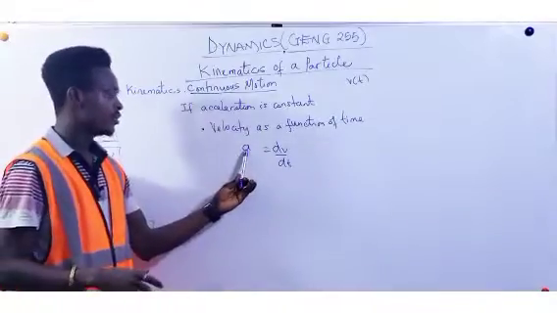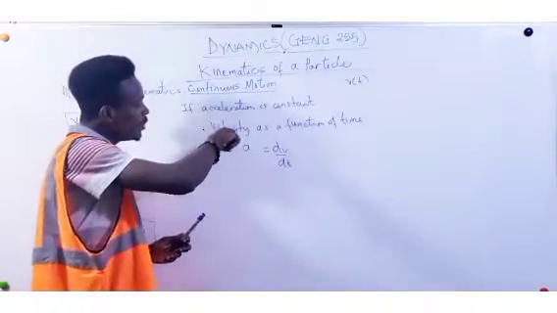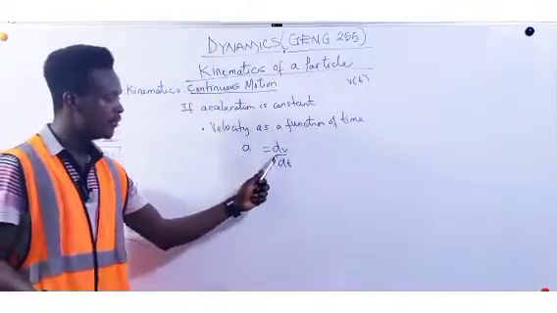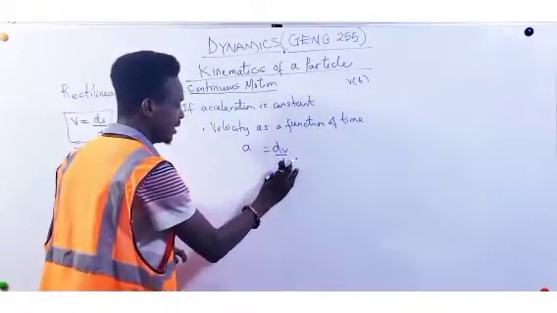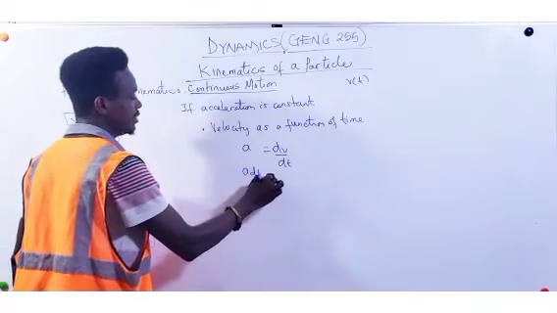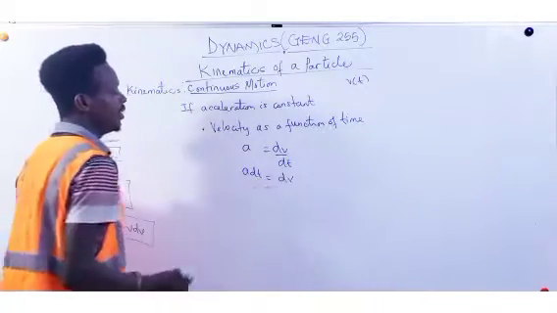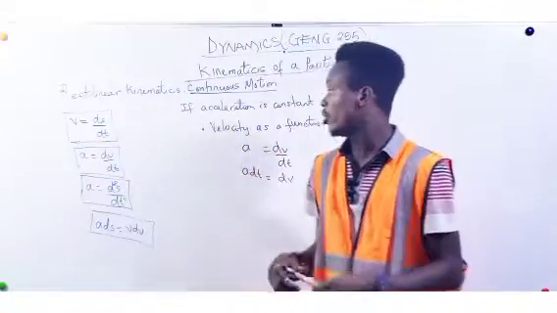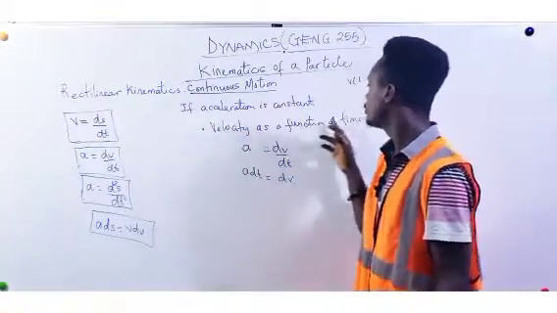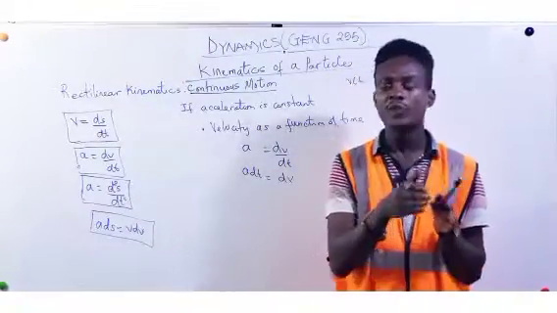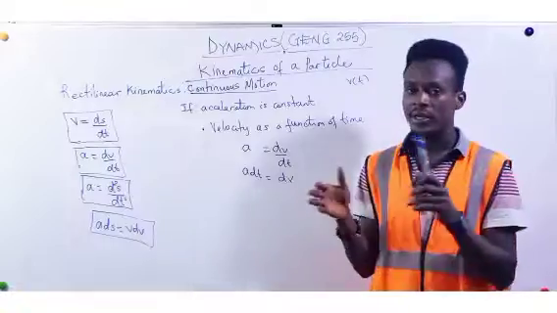Because acceleration is constant, if we want to relate velocity as a function of time, we'll use a equal to dv by dt. If we cross multiply, we'll have a dt is equal to dv. We want to make v the subject because we want to represent v as a function of time, meaning that v will be the dependent variable and t the independent variable.